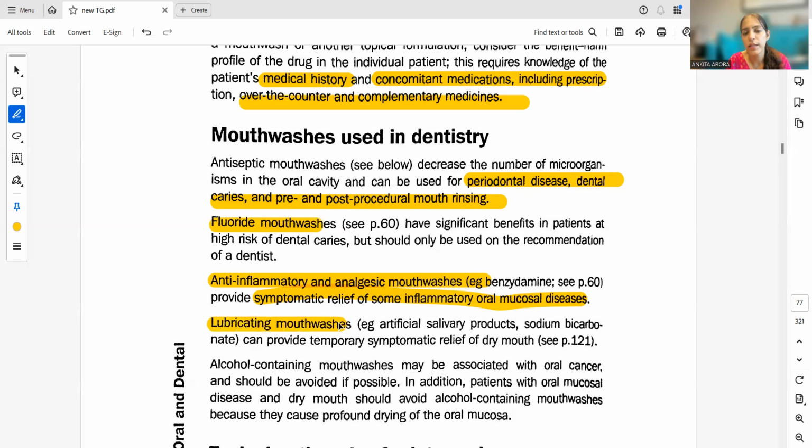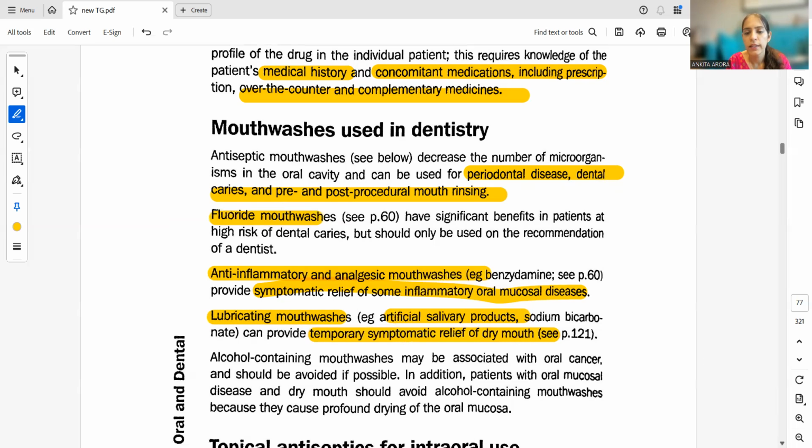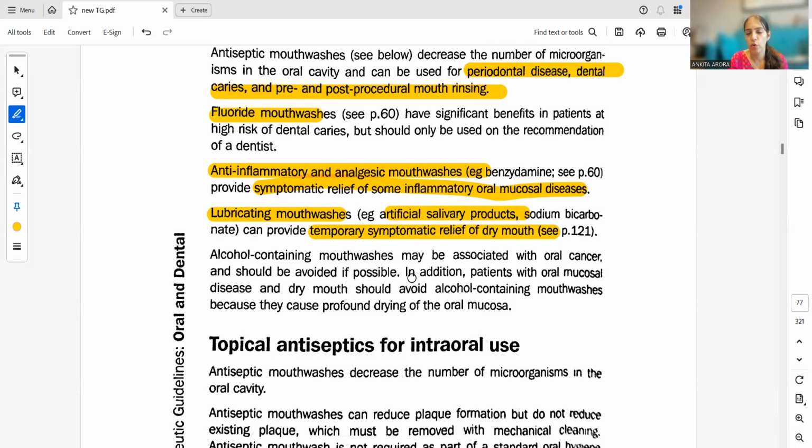Then we have lubricating mouthwashes. These are artificial salivary products and sodium bicarbonate, which can provide temporary symptomatic relief of dry mouth. Then we have alcohol-containing mouthwashes, which may be associated with oral cancer and should be avoided if possible.